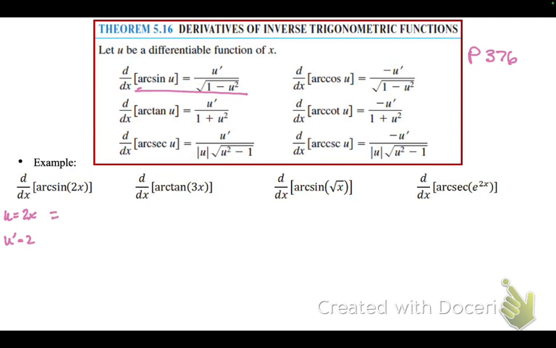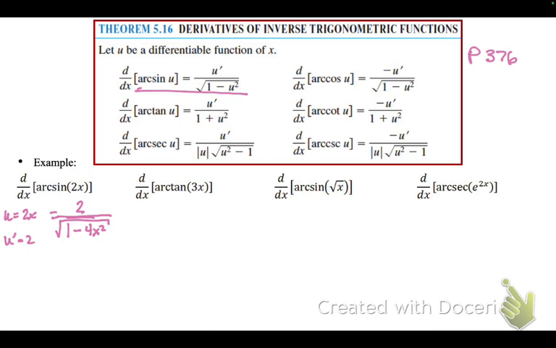The equation says u prime divided by the square root of 1 minus u squared. So u prime was 2 over the square root of 1 minus u squared, so that would be 4x squared. It's really just that basic. It's kind of just plugging it in. You can simplify it sometimes.